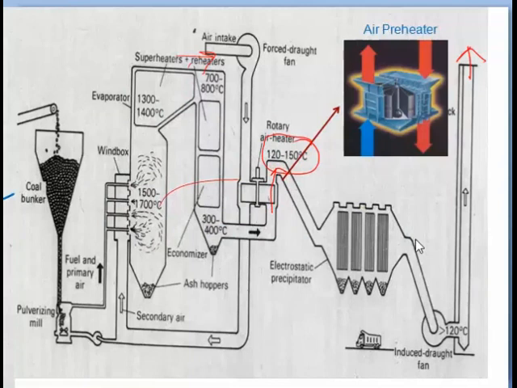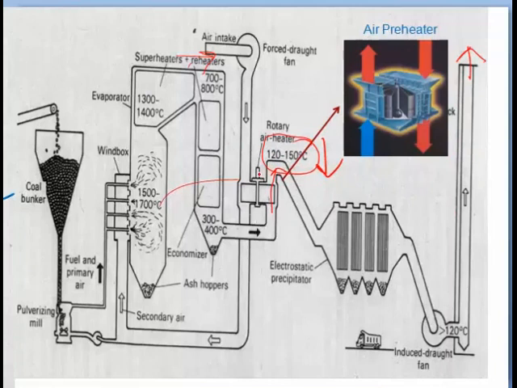Now the question arises, why are we not recovering more heat to reduce this temperature below 120 to 150 degrees centigrade? There are some metallurgical constraints, because this stack, the outer shell we are seeing, is a supportive shell made of concrete, but the inside material is carbon steel.